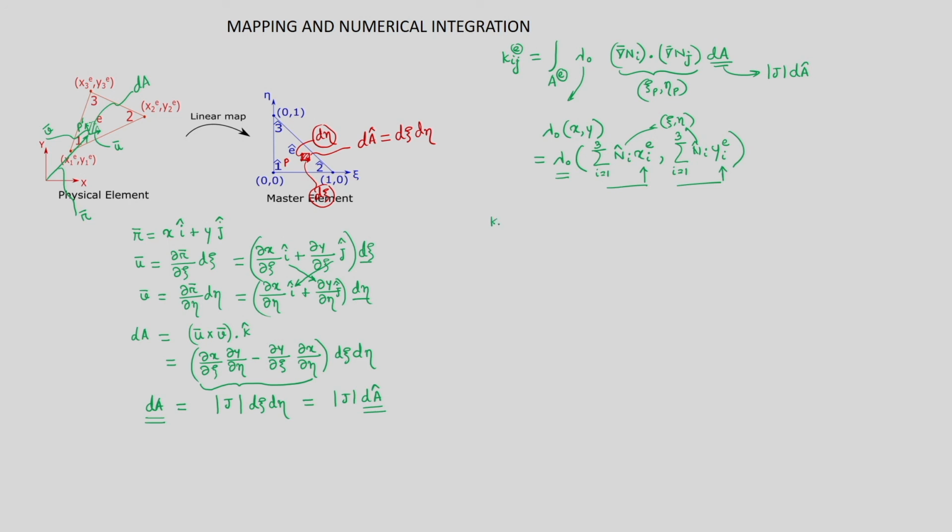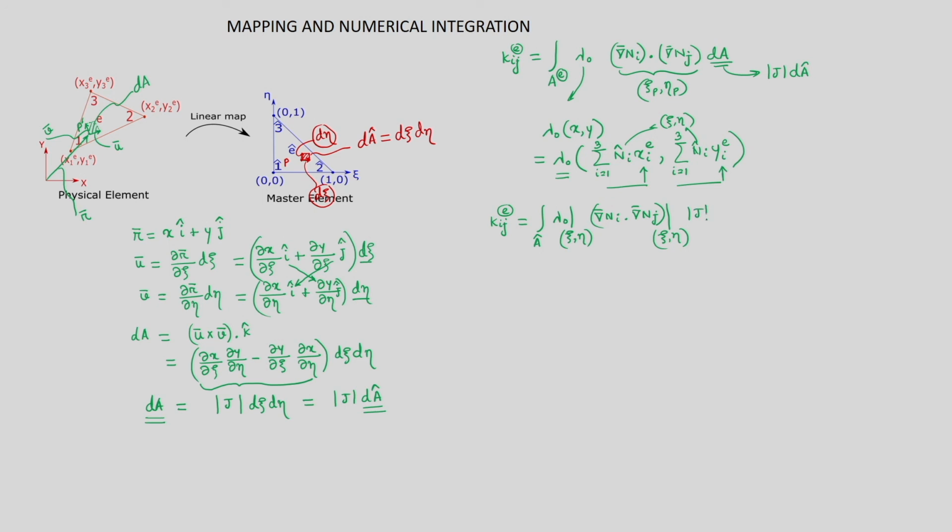So now let us put them together. We write Kij in element E is equal to the integral over A hat, now we are writing it in the master element, of lambda 0 evaluated at any point xi p, eta p, then gradient of Ni dot gradient of Nj, those are also calculated at any given point xi and eta.